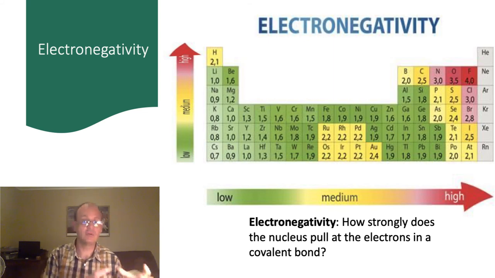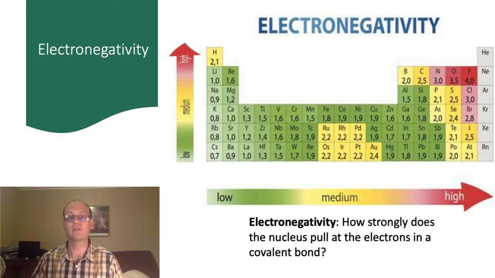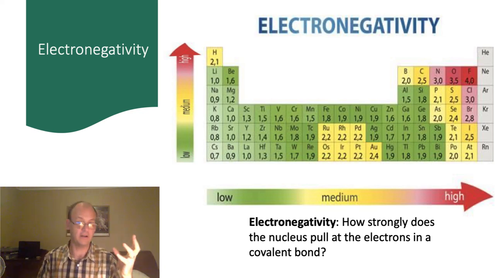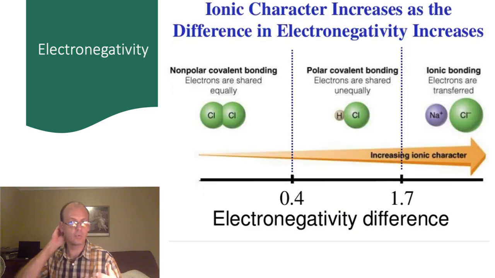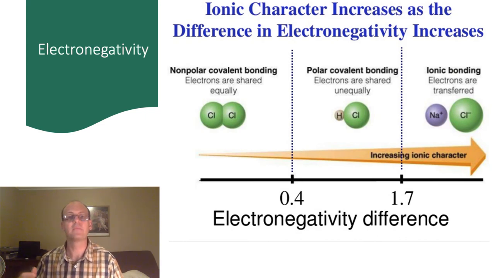As the number of protons in the nucleus increases, the force exerted on the valence electrons also increases. Therefore, the atoms at the top right of the periodic table, excluding the noble gases, are the most electronegative.